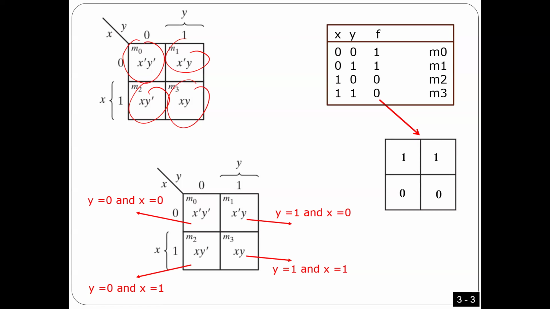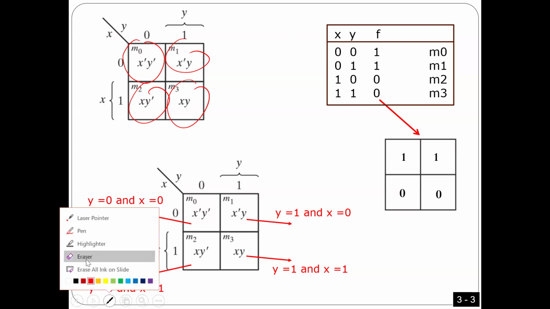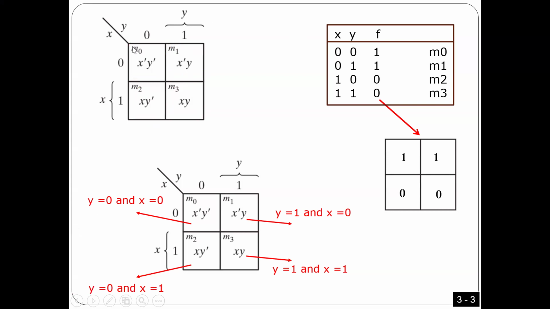You should understand what it means when I say this is the area of y, this is the area of y prime, this is the area of x, this is the area of x prime. You should understand this square corresponds to min term 0. This square corresponds to min term 1, min term 2, min term 3. And it's even confirmed by the term here.